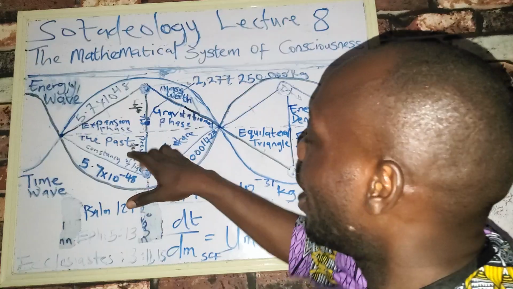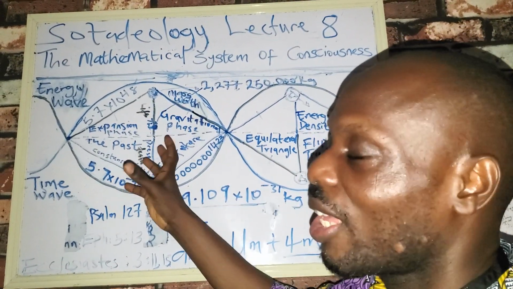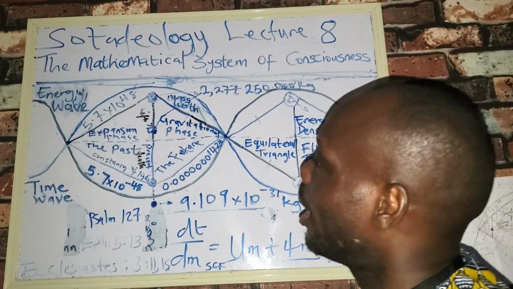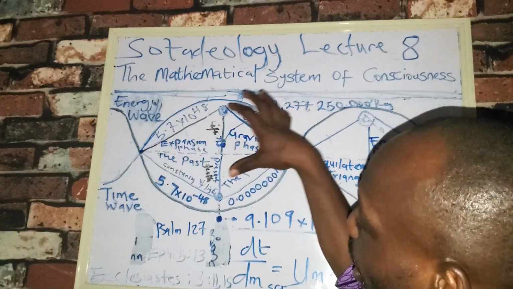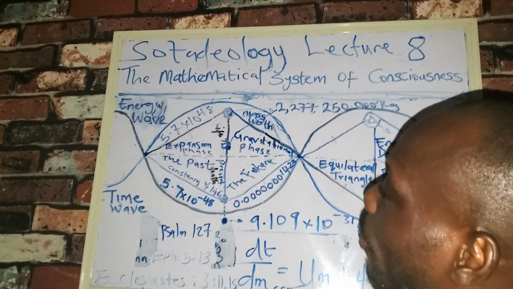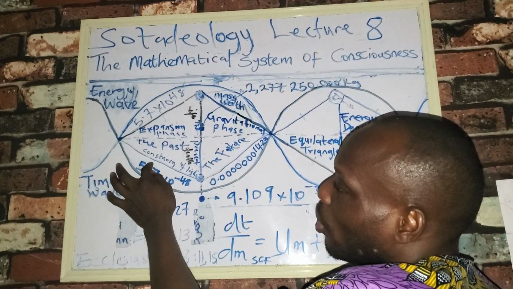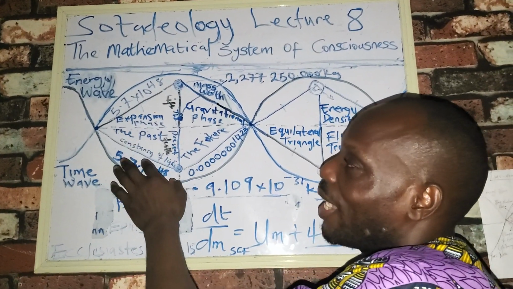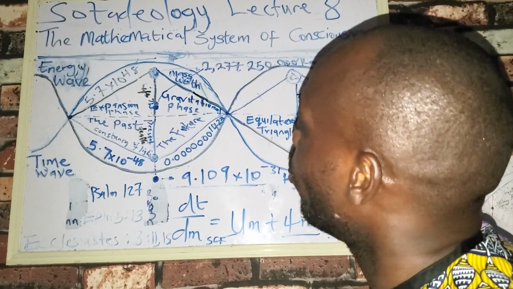Now, you can see that inside the time energy wave, we have an equilateral triangle, and that equilateral triangle sustains the symmetric nature of the universe by allowing us to have constant speed of light and then constant speed of gravity.